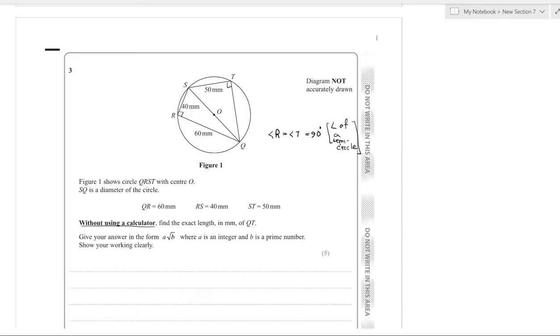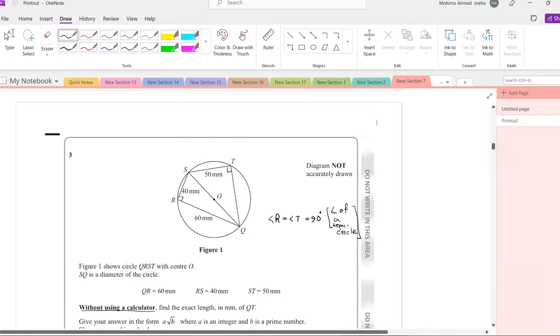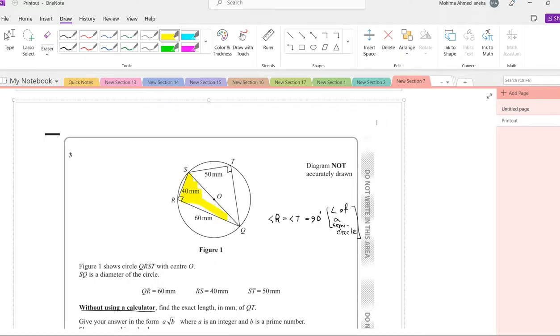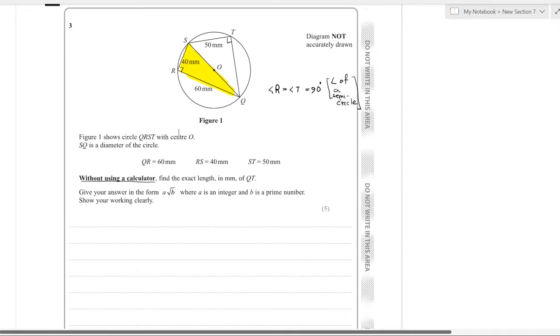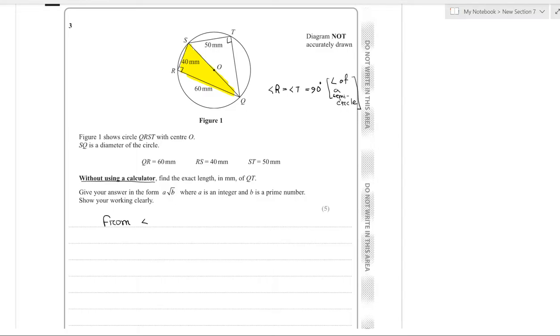Then we're just going to focus on the triangle SRQ. Let me highlight that part. We are just going to focus on this specific triangle SRQ.